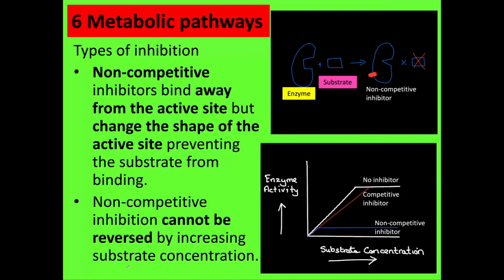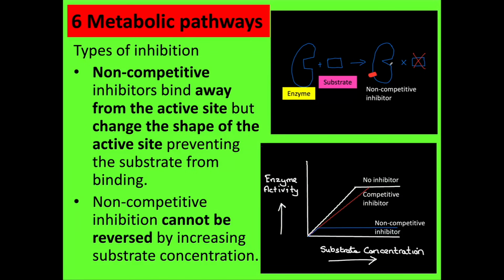The second type of inhibitor we need to know about are non-competitive inhibitors. Now, those ones are slightly different because they bind away from the active site, not on the active site. But when they do that, as we can see in the diagram here, the non-competitive inhibitor changes the shape of the active site, so it's a kind of square shape here initially, and it changes it to this sort of V shape.